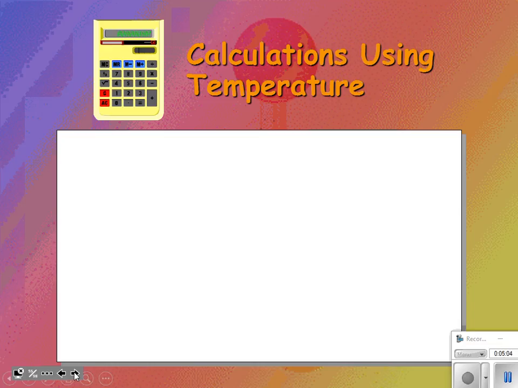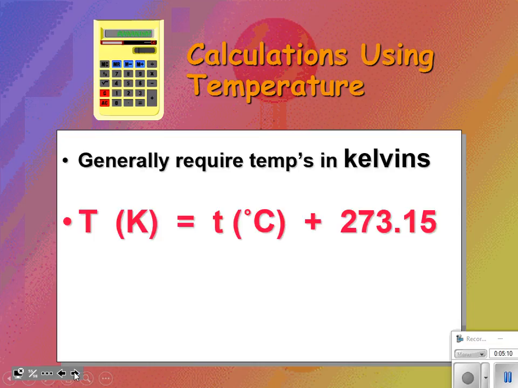Calculations using temperature. Generally, when we're doing mathematical calculations with temperature, we use Kelvin. How do you calculate Kelvin? You take the degrees Celsius and you add 273.15.